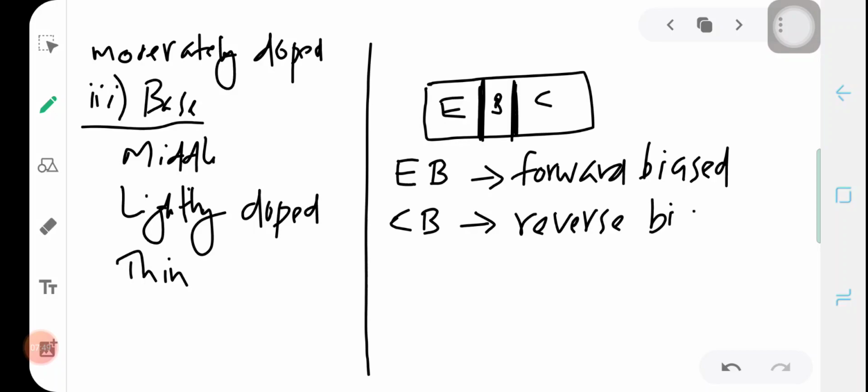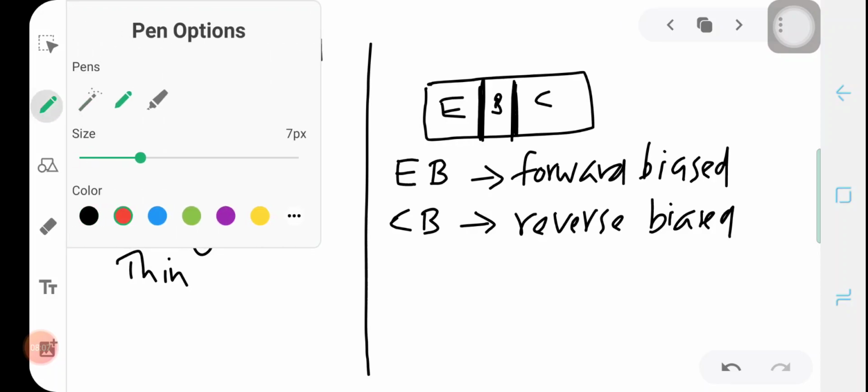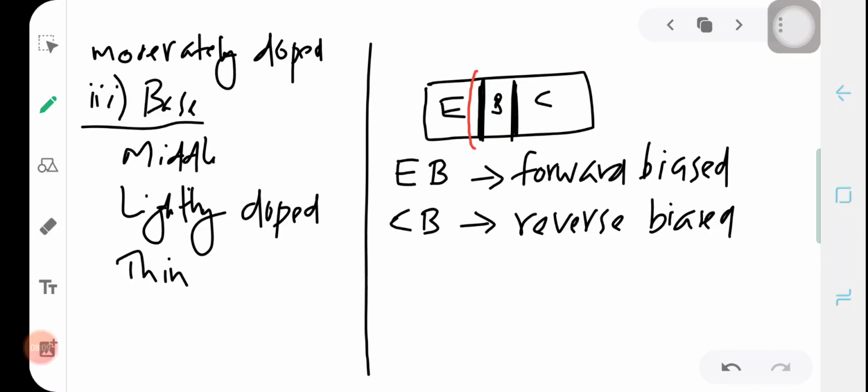So keep in mind always that the emitter base junction should be forward biased and the collector base junction should be reverse biased. Since the emitter base junction is forward biased, it will have a low resistance.